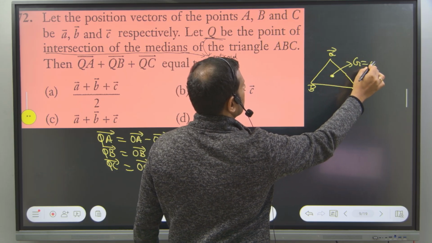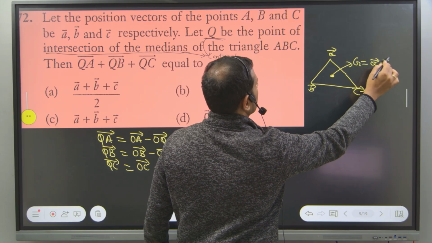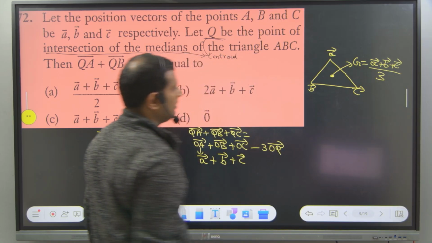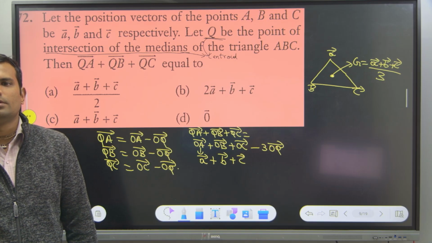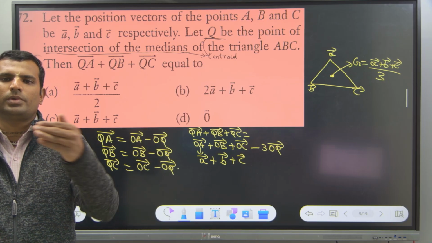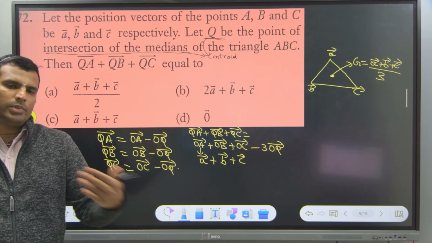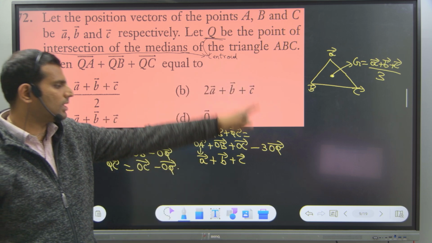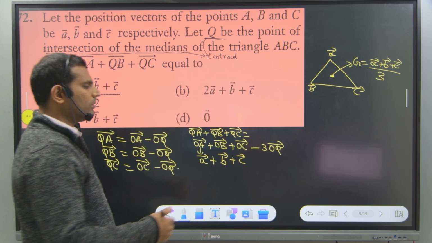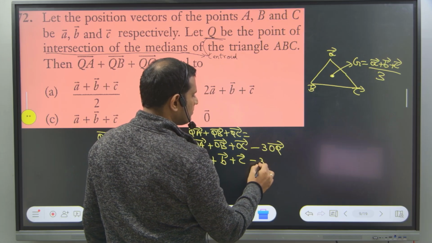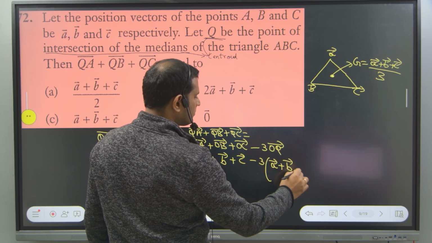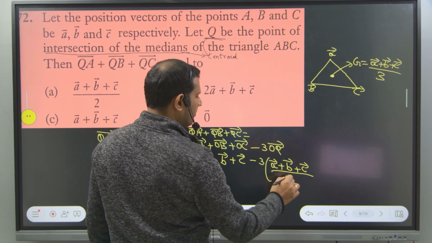Centroid is A plus B plus C divided by 3, like x1 plus x2 plus x3 by 3, y1 plus y2 plus y3 by 3. So what should I write for OQ? Vector A plus vector B plus vector C divided by 3.